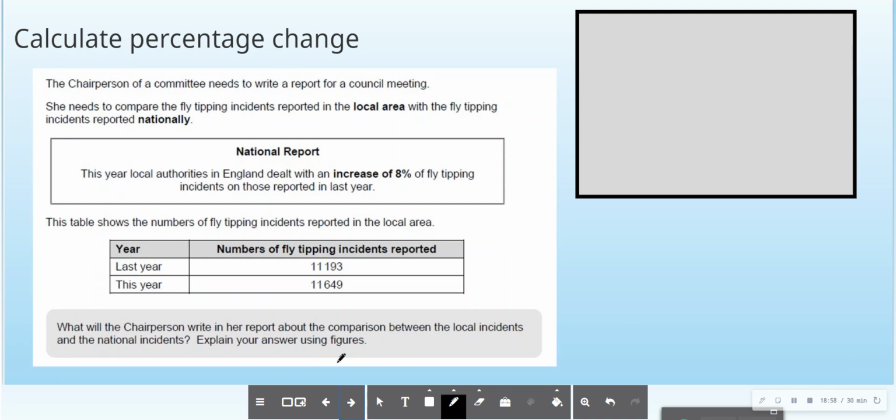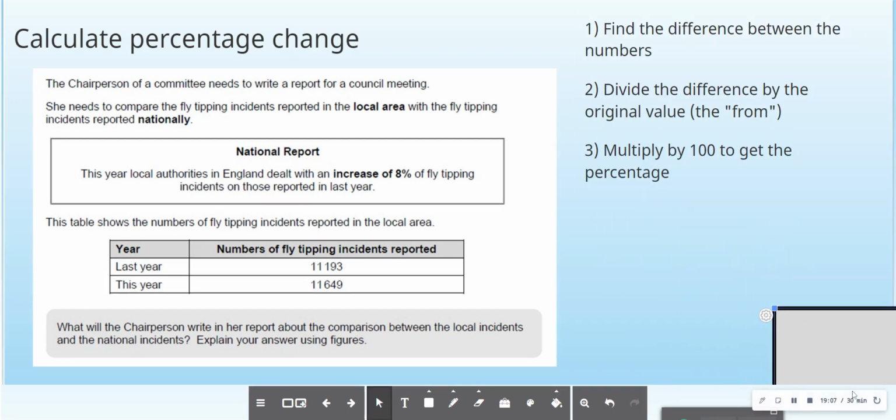Okay, percentage change. Again, if you read through the question, pause and read through the question if you need to. And here's our explanation. Here's our method. So find the difference between the numbers. Divide the difference from the original value, okay, the from or where we started, and multiply by that 100 to get the percentage.